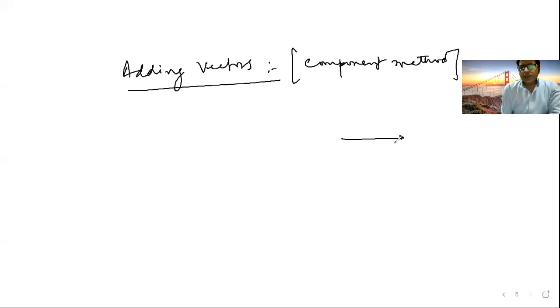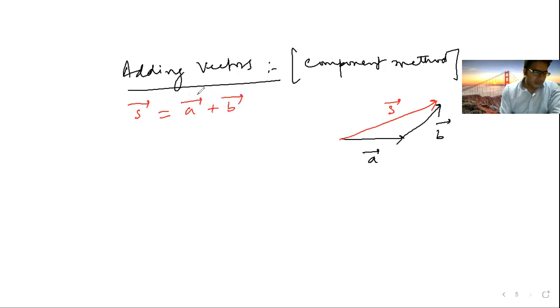Let there be a vector A, another vector B, and let S be the sum vector, the resultant. So S is equal to A plus B. Let them be 2-dimensional vectors.